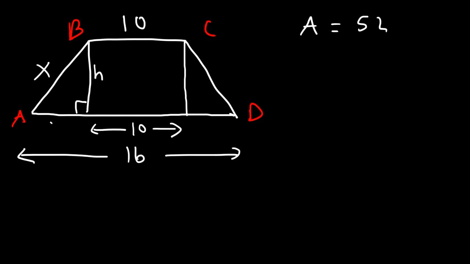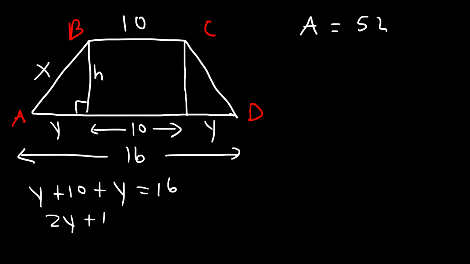If we call this Y, then this has to be Y. So Y plus 10 plus Y has to add up to 16. Y plus Y is 2Y. And 16 minus 10 is 6. So 2Y is equal to 6. And if we divide by 2, we can see that Y is equal to 3. So I can replace this with a 3.